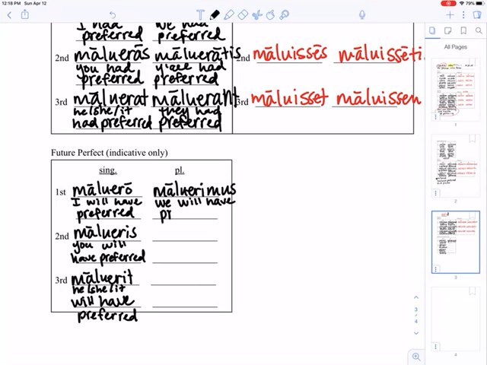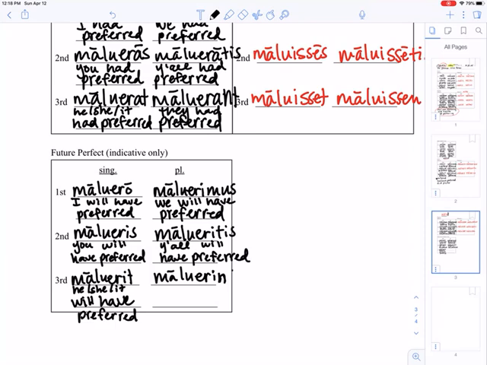We will have preferred. There, much better. Second plural is Malueritis, and this is y'all will have preferred. And then third plural, Maluerint, they will have preferred.